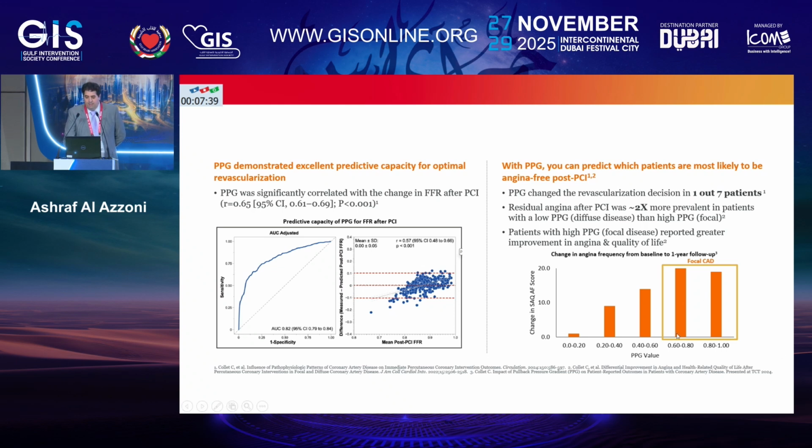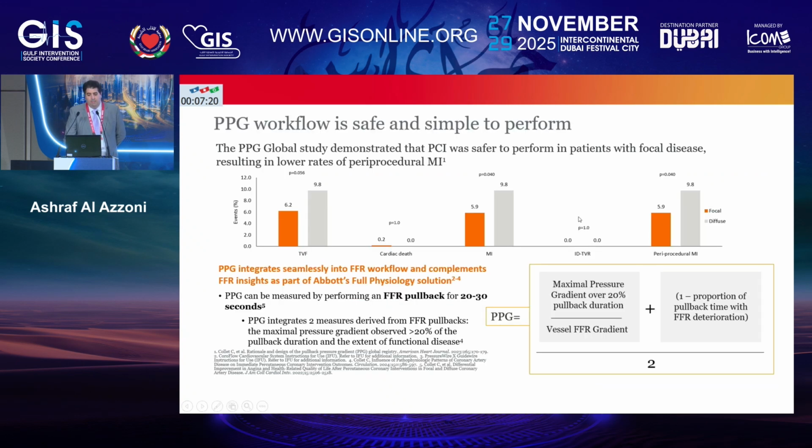As you can see here, the cutoff was around 0.62. A value higher than 0.62 indicated a focal lesion, indicated that the patient will do well with PCI. Lower than that indicated a diffuse lesion and that the patient will not do well with PCI in that setting. Same applied for peri-procedural MI. They found that the more focal the lesion is, the better the outcome, the less the risk of angina down the road. And this is the formula by which the software does the analysis and the calculation for you.